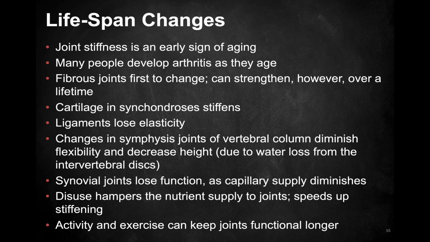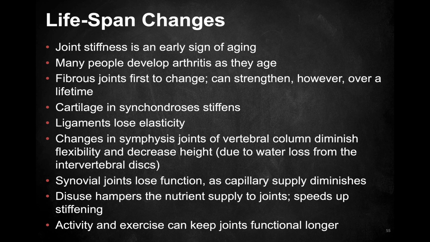Then the cartilage in your movable joints stiffens: all the cartilage in your synovial joints and in your cartilaginous joints starts to lose elasticity and get stiffer, which makes your joints stiffer. Your ligaments also lose elasticity, so you're not as bendy and stretchy anymore. You also get some changes in the cartilaginous joints in your vertebral column, which diminishes some flexibility.